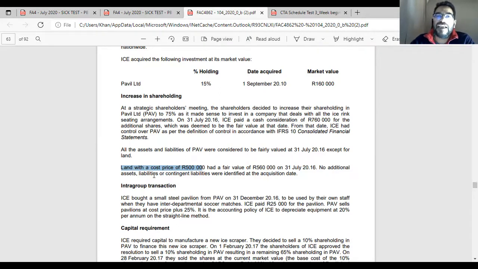So that 15% is deemed to have been sold at fair value.